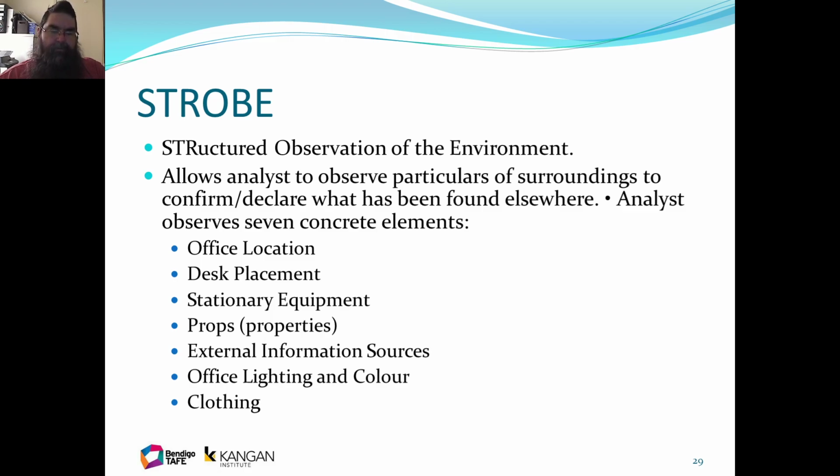So they'll look at the office location, desk placement, stationary equipment in use, what the properties are, external information sources that impact the organisation. They'll even take into account the office lighting and colour effects within there, and even the clothing of the organisation in use.